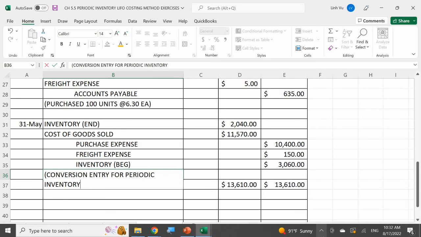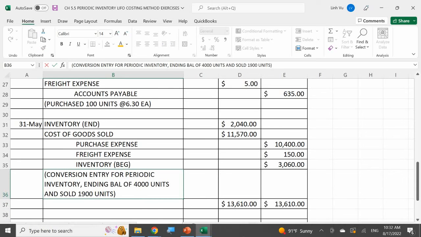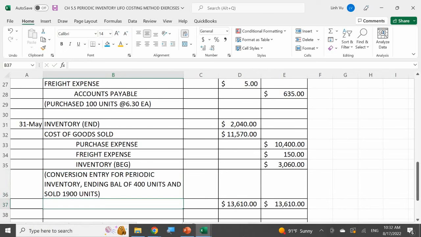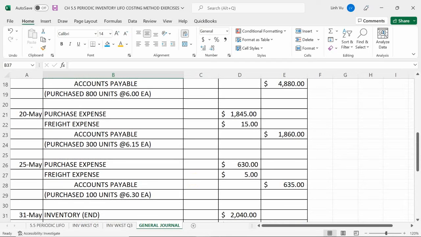We had an ending balance of 400 units and sold 1,900 units. You've got to take one of those zeros out on the 4,000. There we go. Okay. Awesome. So that is how we do our inventory worksheet.